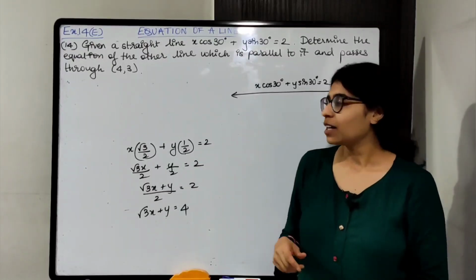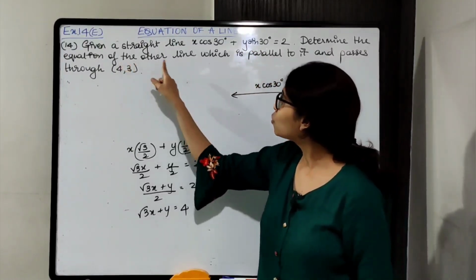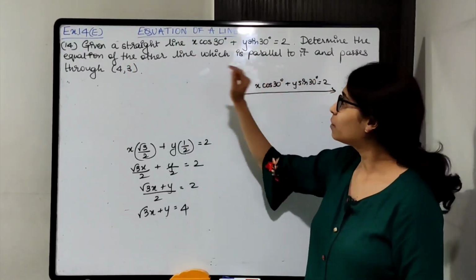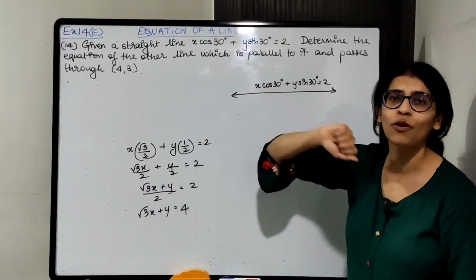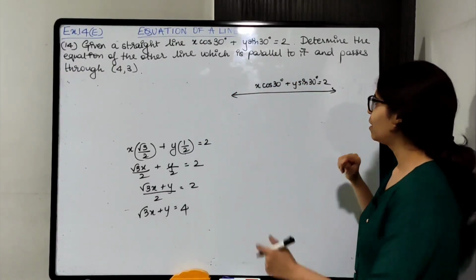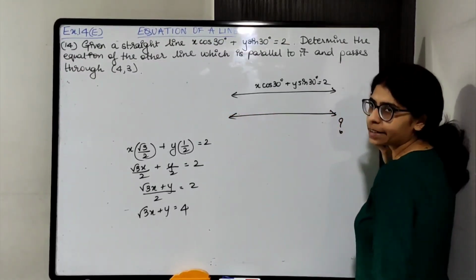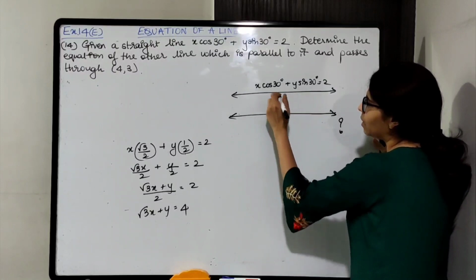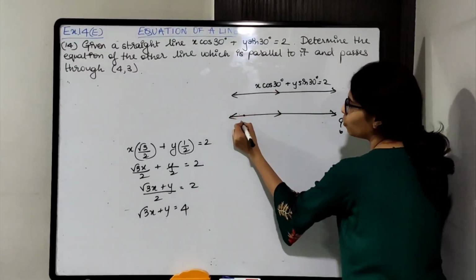Now this is the first line. There is other line which is parallel to it. So determine the equation of the other line which is parallel to it and passes through point 4,3. दूसरा लाइन है जिसका इक्वेशन फाइंड आउट करना है and it is parallel, both the lines are parallel and it is passing through point 4,3.